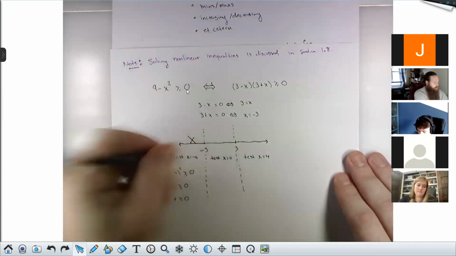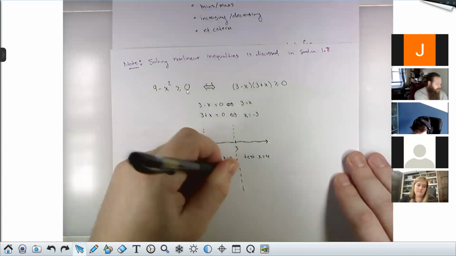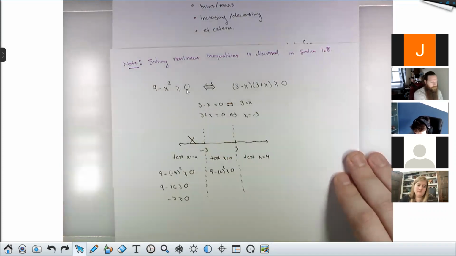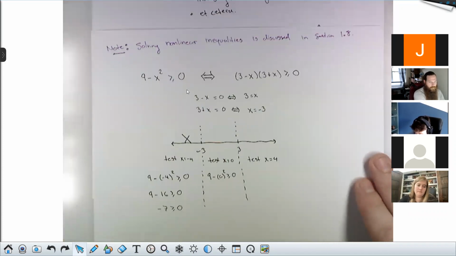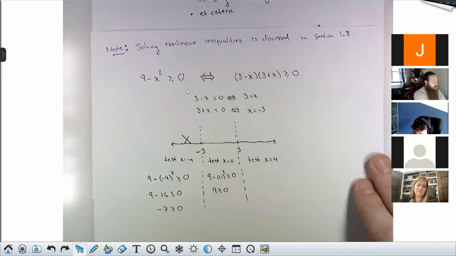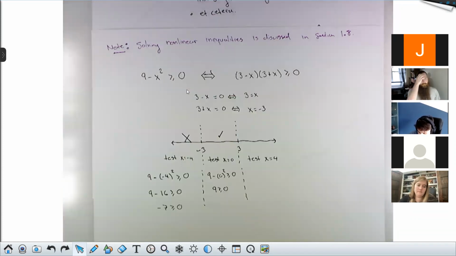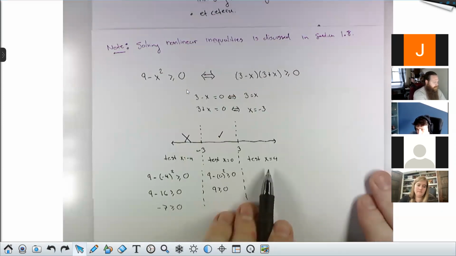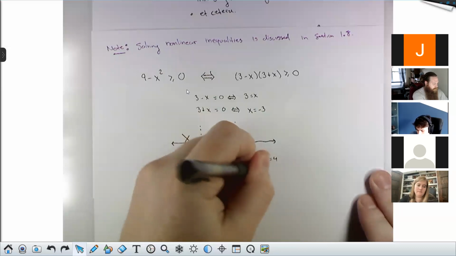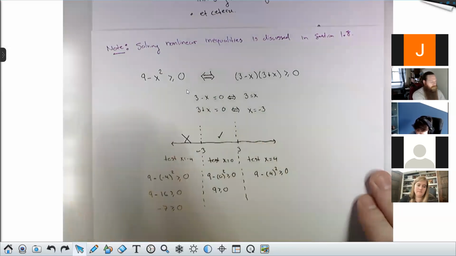When I test x equals 0, I get 9 minus 0 squared is greater than or equal to 0. Since 0 squared is 0, this is the same as saying 9 is greater than or equal to 0, and that is a true statement. So I'm going to put a little check mark here. And if I test +4 in the far right region, I get 9 minus +4 squared is greater than or equal to 0.